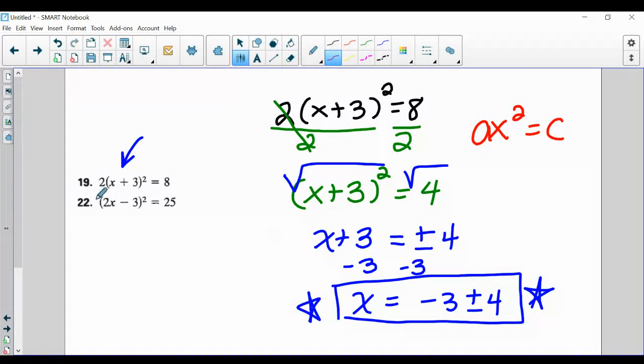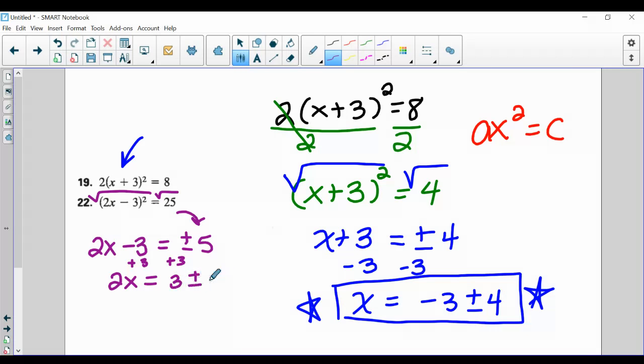For number 22, there's no coefficient in front. It's just the binomial being squared, so I'll just immediately jump into square rooting it so I can get rid of that square. I'll have 2x minus 3 equals plus minus 5. And then I'll start to isolate, and I'll have 2x equals, let's add the 3 to both sides, 3 plus minus 5.